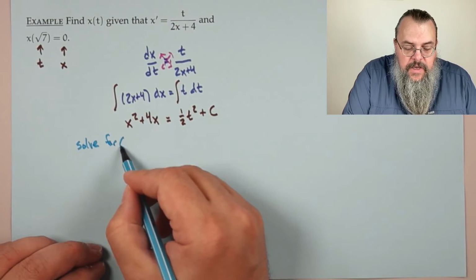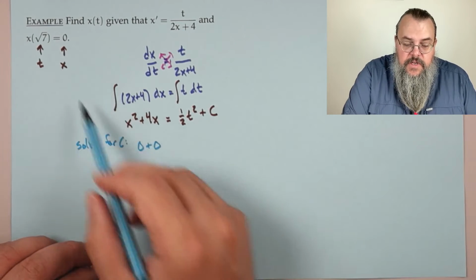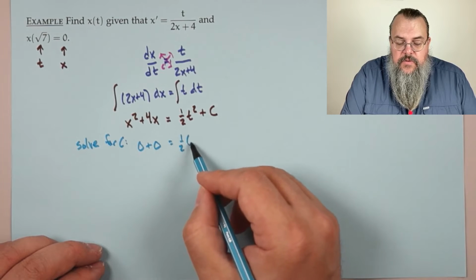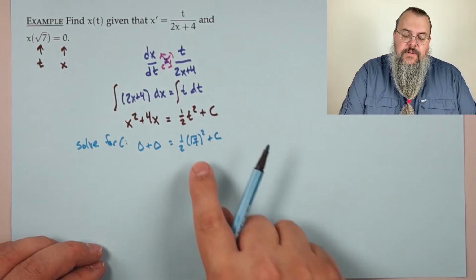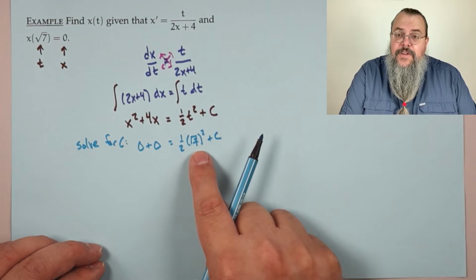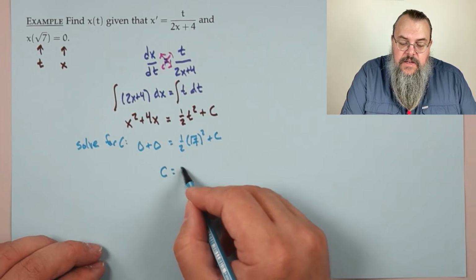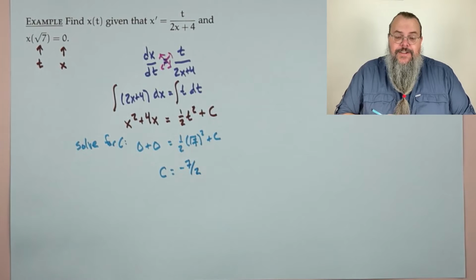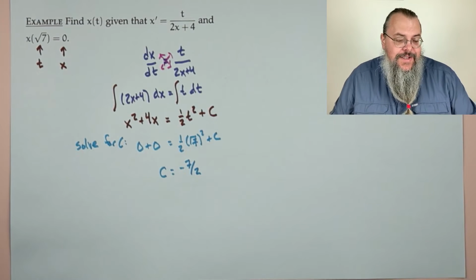So we have the following: 0 plus 0, because I'm plugging in x equals 0, is equal to 1/2 times square root 7 squared plus c. Well, of course, square root of 7 squared is 7. That's 7/2. 7/2 plus c is 0. So c is negative 7/2. All right, great. Good progress too.